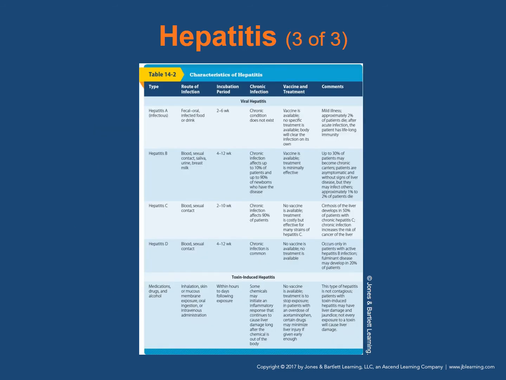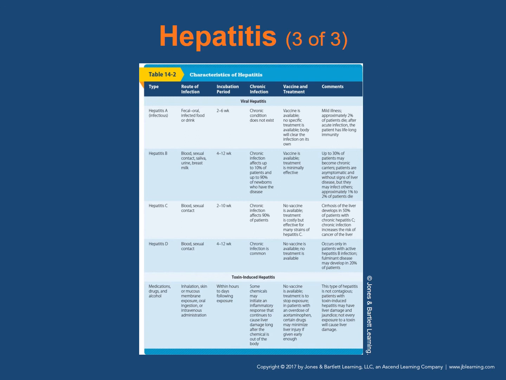There are 4 types of hepatitis, so A, B, C, and D. And you can see in table 14.2 the different routes of infection and incubation periods, as well as some of the treatments and various comments. One of the things to keep in mind is hepatitis A is fecal to oral: infected food or drink.